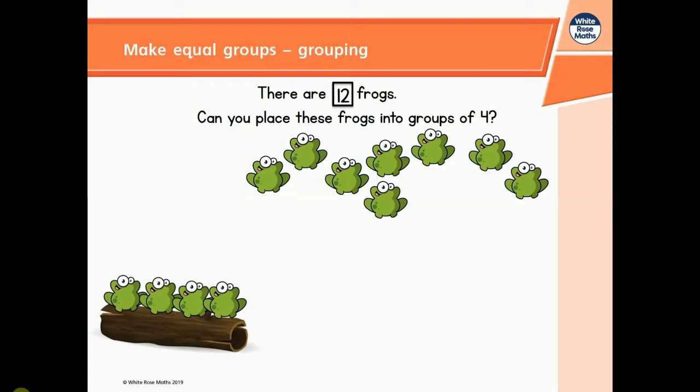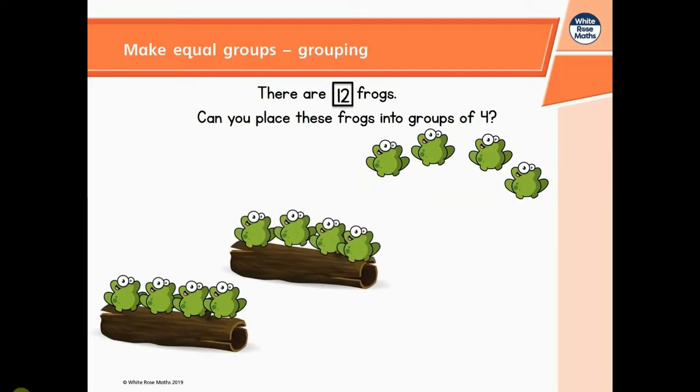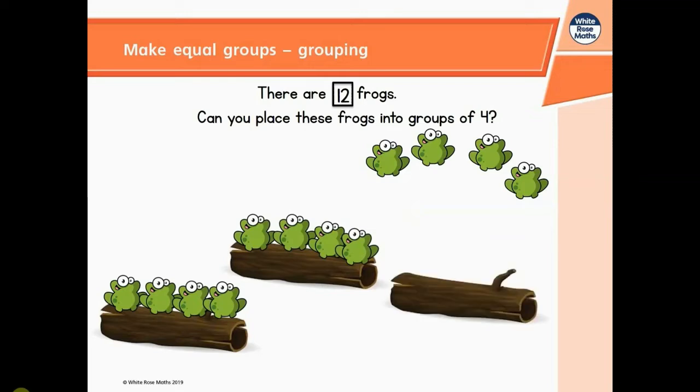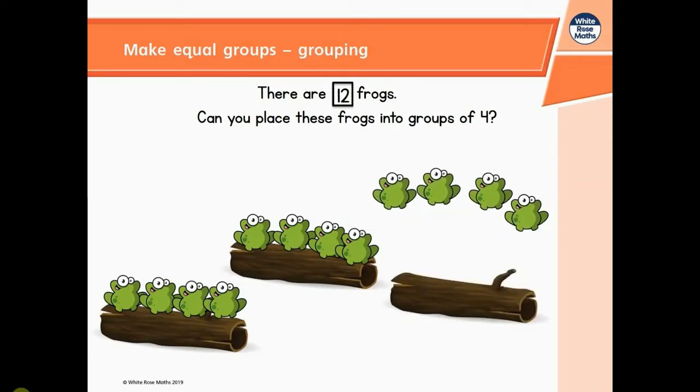Oh, but we have lots of baby frogs left. Let's place another log and get 4 more frogs to sit on that log. Done. Oh, it looks like we need 1 more log. Off you go, baby frogs.